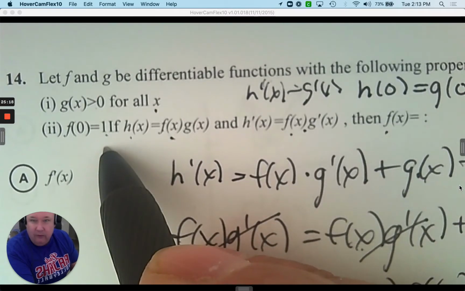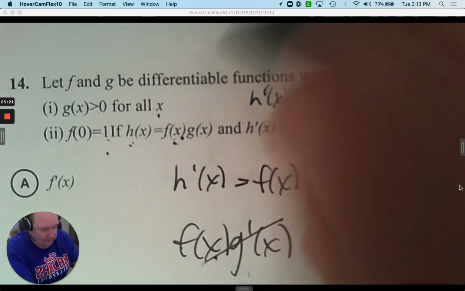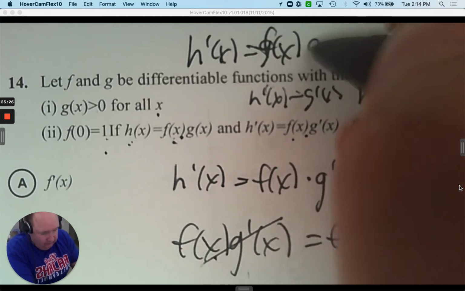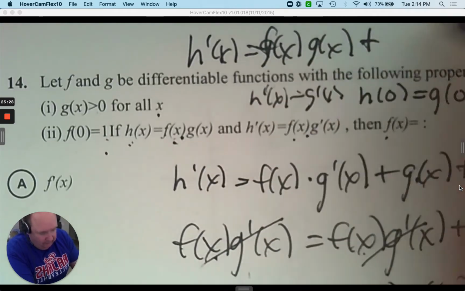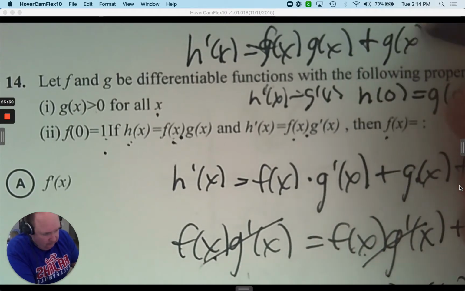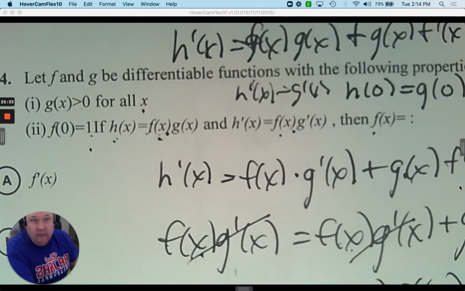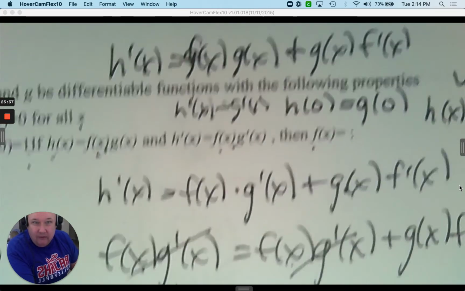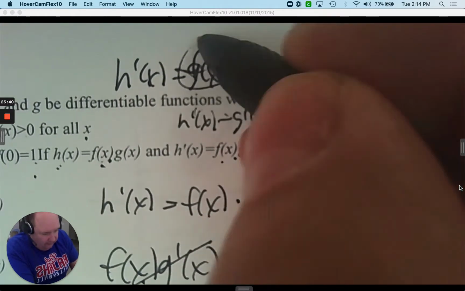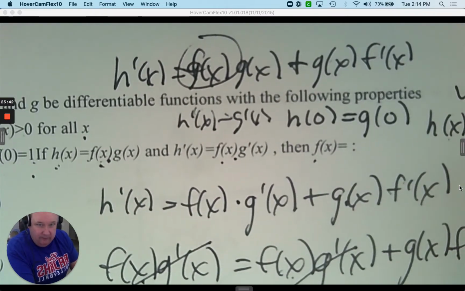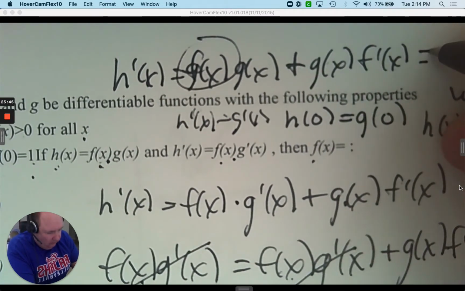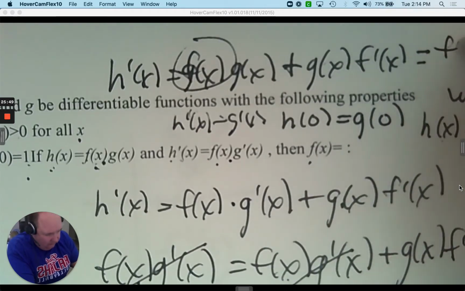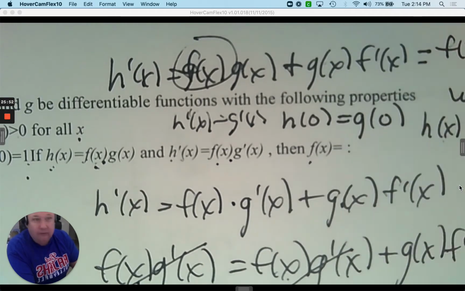So f at 0 equals 1. h at x is this. So again, the derivative is the product rule. The first times the derivative of the second plus the second times the derivative of the first. My goal is not to find f prime at x. Maybe that's what I was looking at. So my goal is to find f at x in terms of it. So if I make them equal to each other, so in the question, h prime at x is f at x times g prime at x.